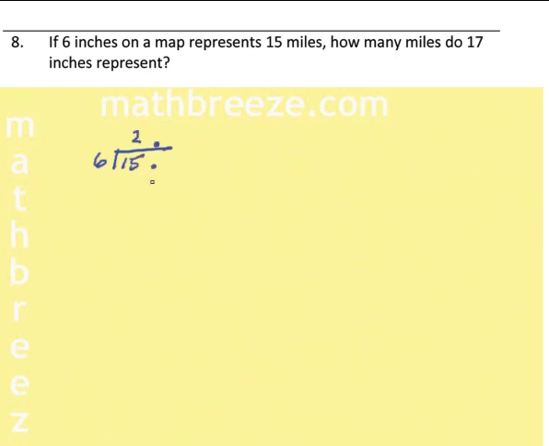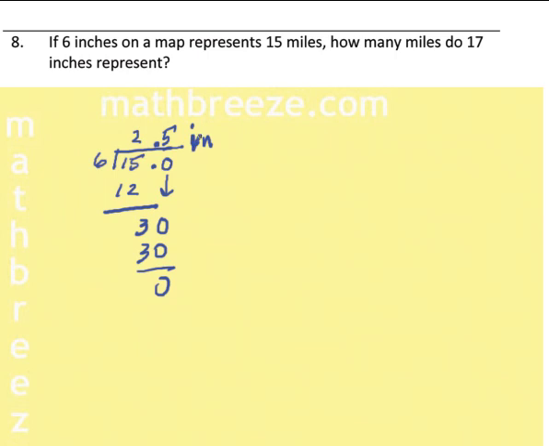Okay, 2 times. And we're going to need a decimal place, so let's put in a 0 there to the right of the decimal. All right, so bring that 0 down. 6 goes into 30 exactly 5 times. So we have 2.5 miles, that is.